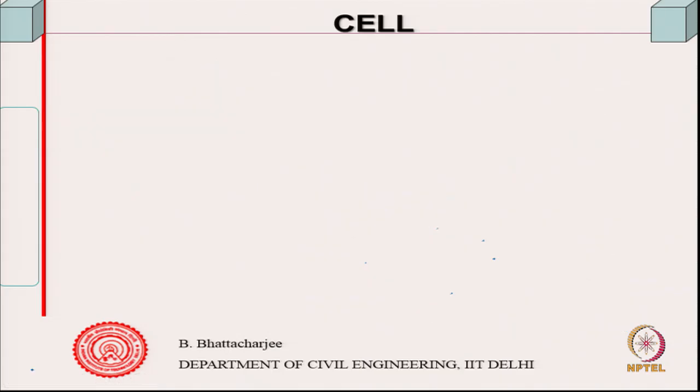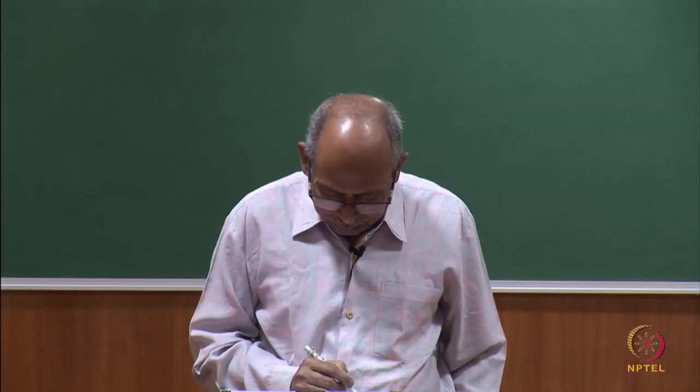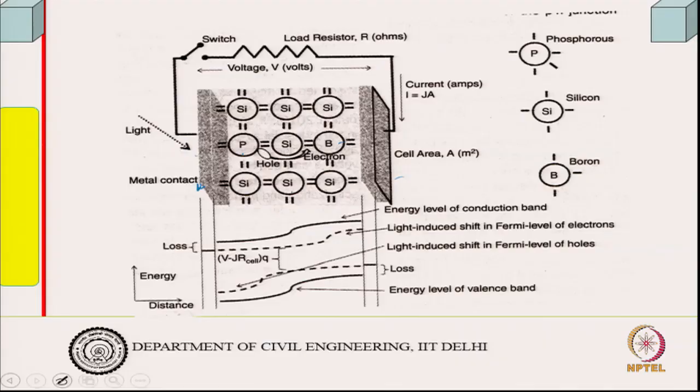So, we will be back here again in a moment, but that is what it is. It will generate some voltage and you can have some load, then the current will flow through this. This is what the energy levels look like.